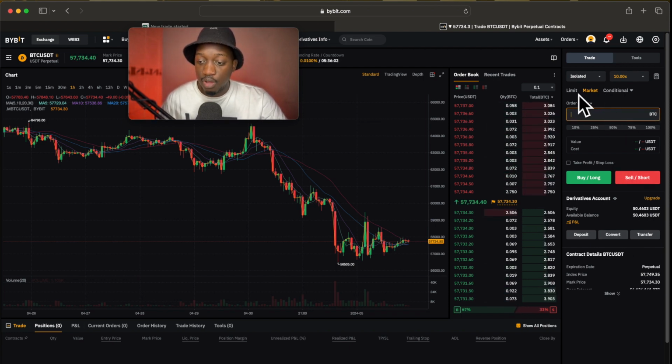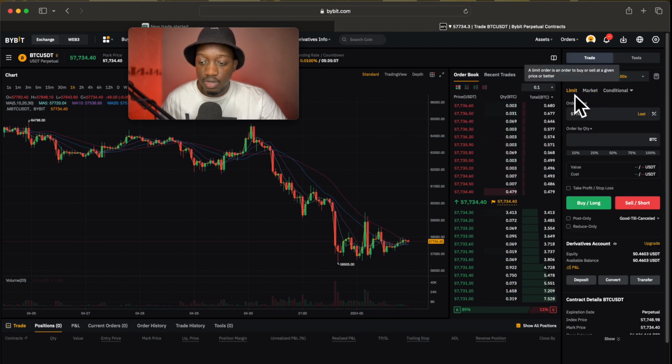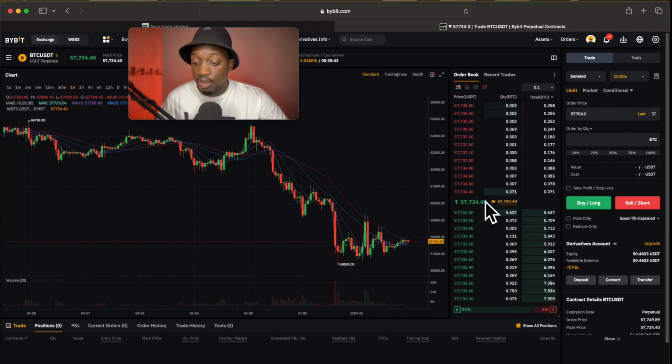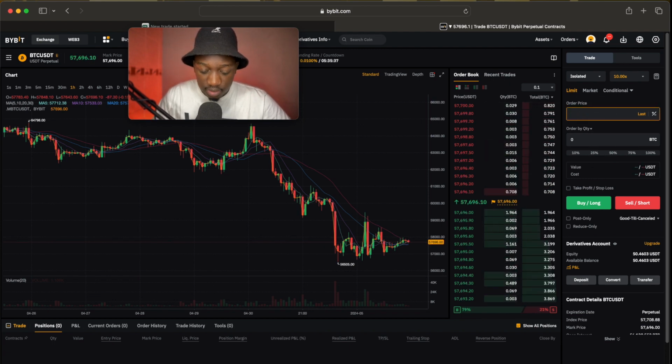But before we go there, I just want to tell you the difference between limit and market. A limit order is going to allow us to enter a position at a certain price. So let's say we are willing to enter a position if the price of Bitcoin goes to 55,700, you know what I mean? So we can put our price right here, 55,500, like this.